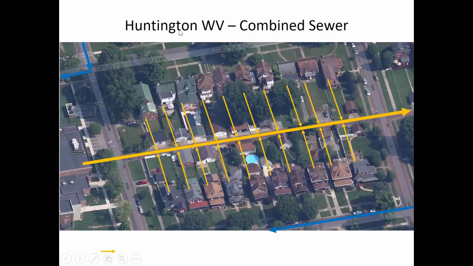The problem is here in Huntington, a lot of the city is serviced by a combined sewer, meaning that the rainwater and the wastewater goes into the same pipe. So here the blue lines are representing roof drains and foundation drains that are connected to the pipe that goes to the sewer treatment plant.